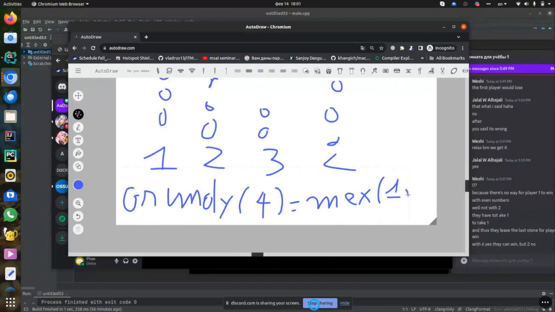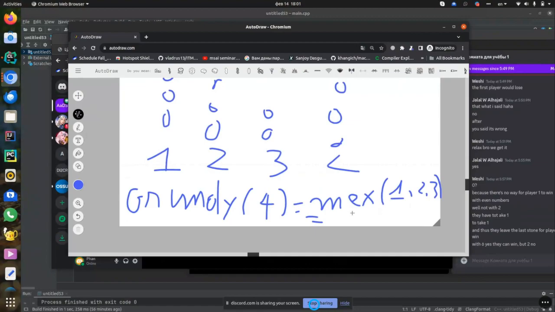Here we have Grundy values of 1, 2, and 3, and the smallest integer not in the set is zero.